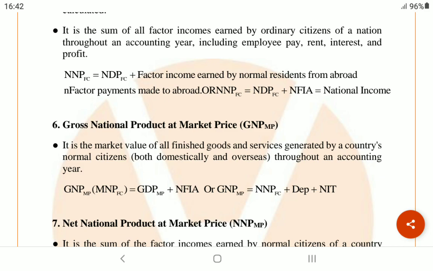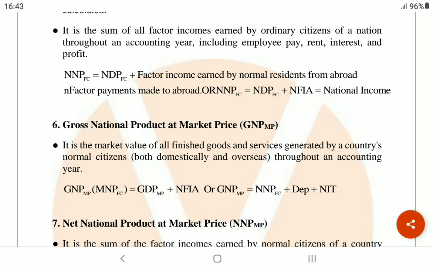GNPMP is equal to GDPMP plus NFIA, or you can write this formula as GNPMP is equal to NNP, that is the fifth one here, right? NNP plus depreciation plus NID. So this formula is to find gross national product at market price.